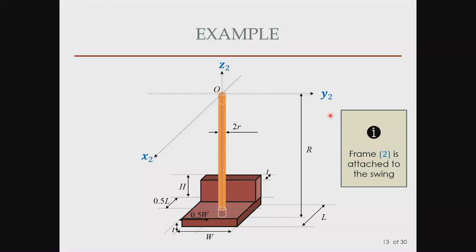And can I use the Newton-Euler equation about point O, the angular equation about point O? Yes. Why? Because the swing performs purely rotational motion. The swing performs purely rotational motion about which point? O.